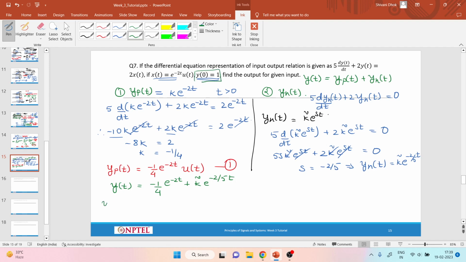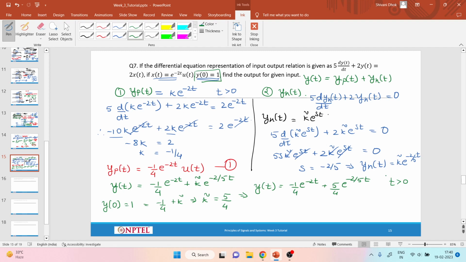That is, y of 0 is equal to 1, which is -1/4 into 1 plus k tilde, which means that k tilde is equal to 1 plus 1/4, which comes out to be 5/4. This implies that y of t is equal to -1/4 e^(-2t) plus 5/4 e^(-2/5 t), and this is for the case when t is greater than 0.